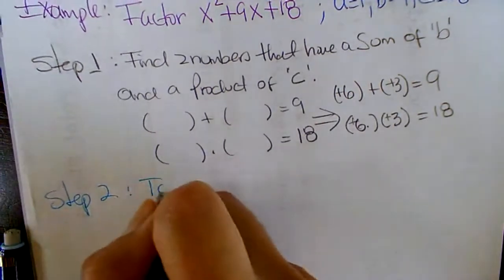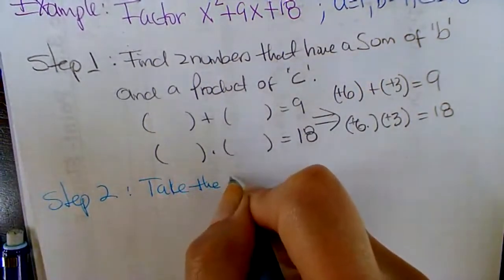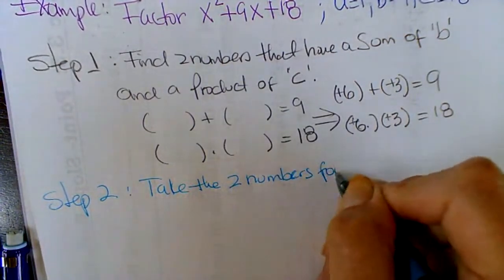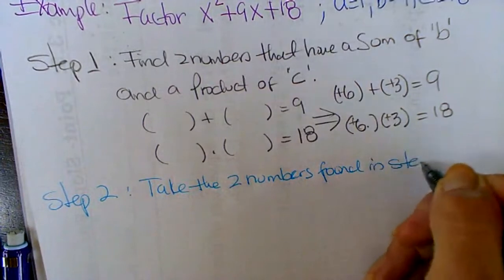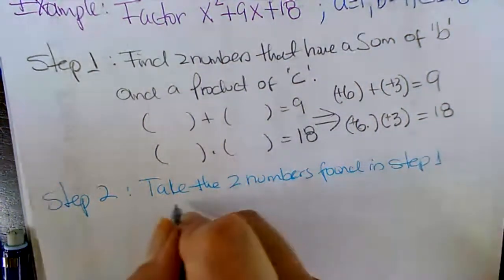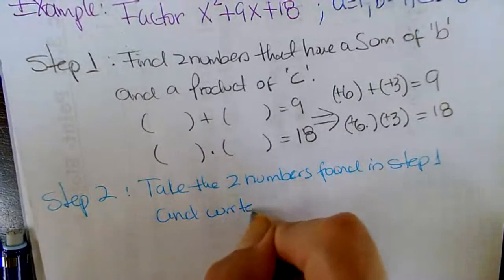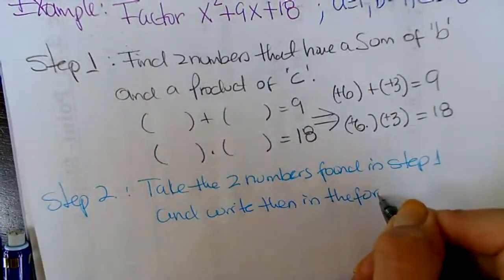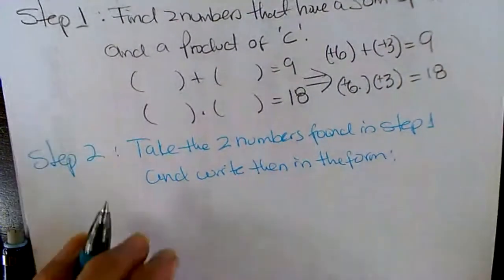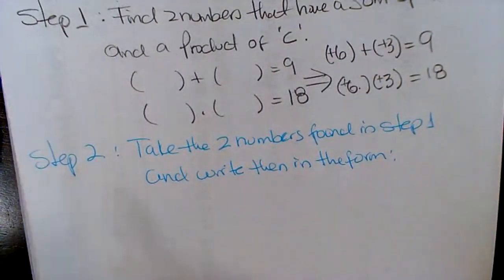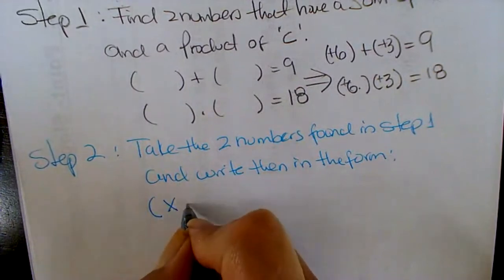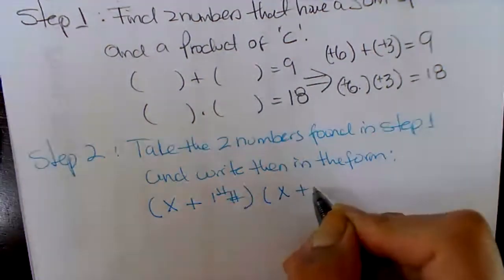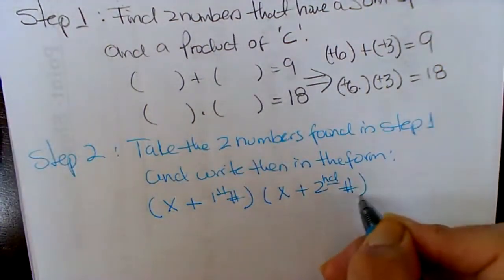So we're going to take the two numbers found in step 1 and we're going to write them in this form. x plus the first number and x plus the second number.